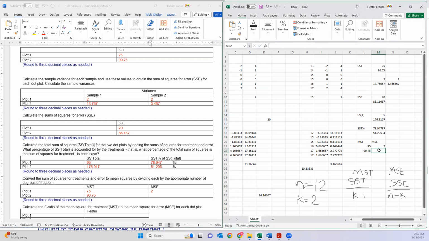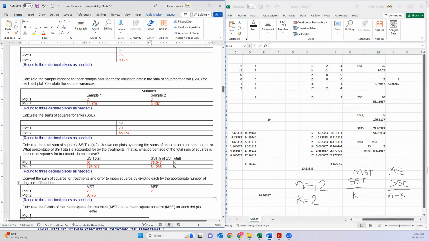For plot 2, let me go SSE divided by, in this case, 10 as well. Now here for my answer, I do have to round it to 3 decimal numbers, so I'm going to call this 8.617.